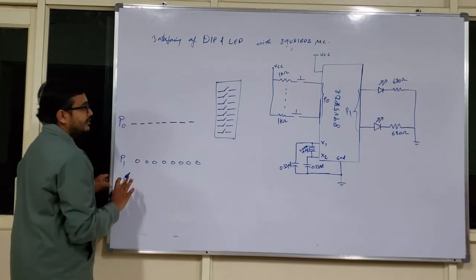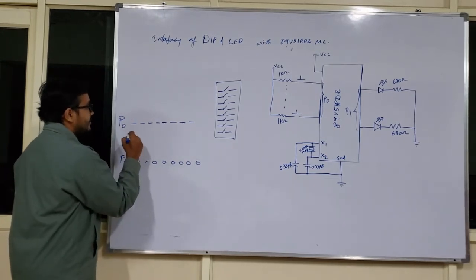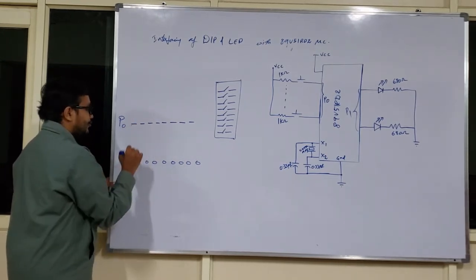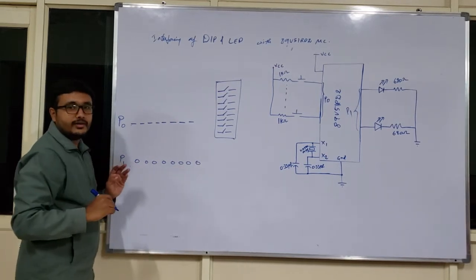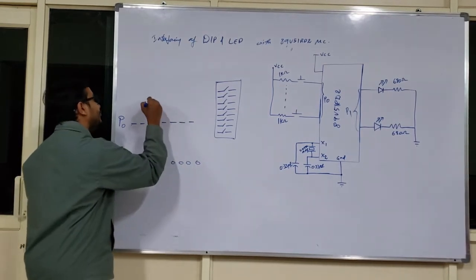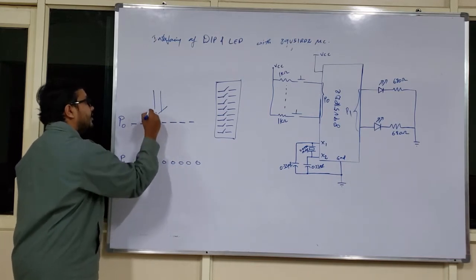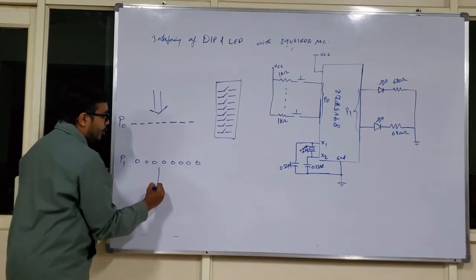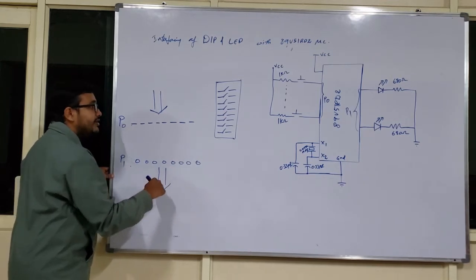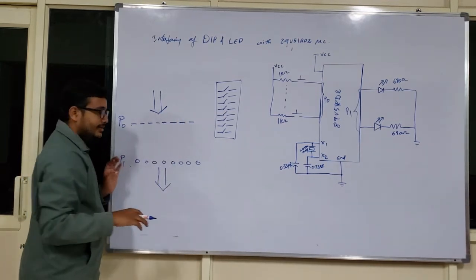These are the 8 LEDs. So what happens? P0 should be proportional with P1. That means you are feeding the input to port 0, and you are taking the output from port P1, which you can see on the LEDs.